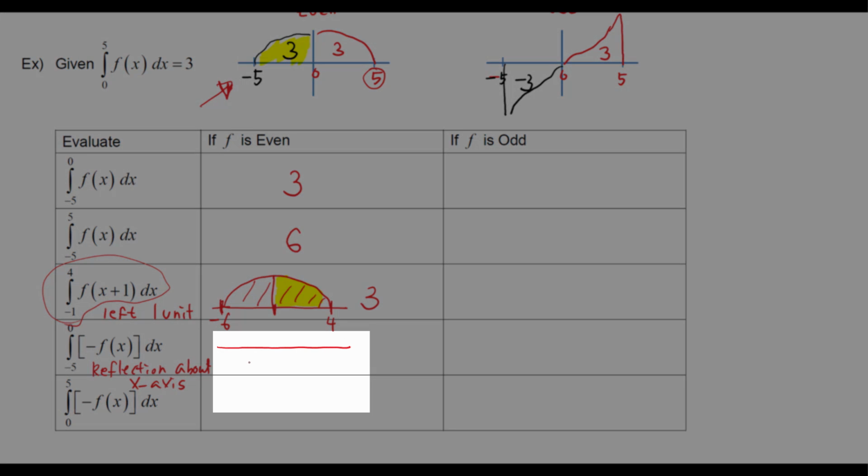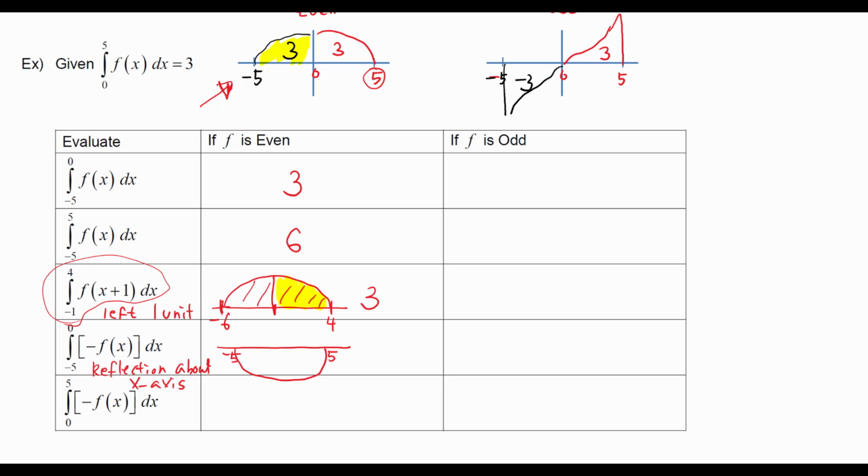So your graph is going to look like this from negative 5 to 5. So the integral of negative f(x) from negative 5 to 0 is this. And since the graph lies under the x-axis, it would be negative 3.